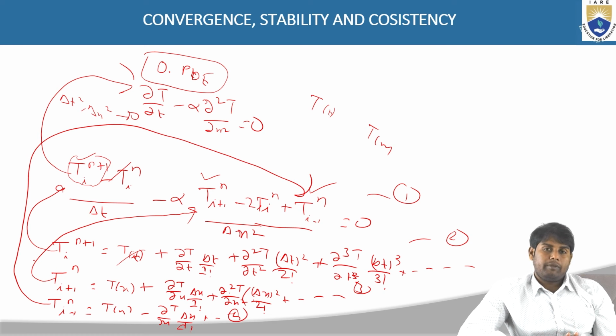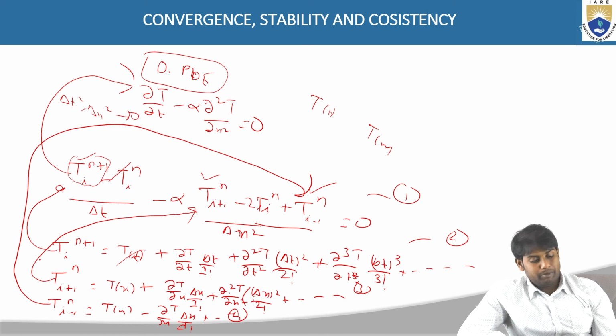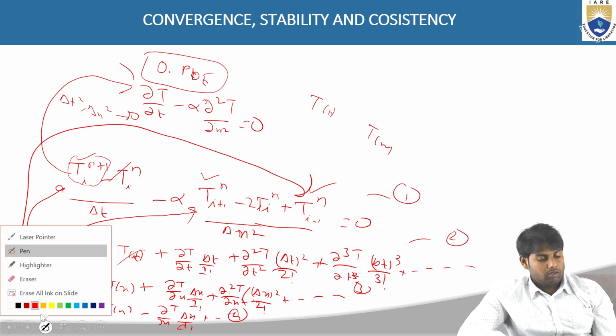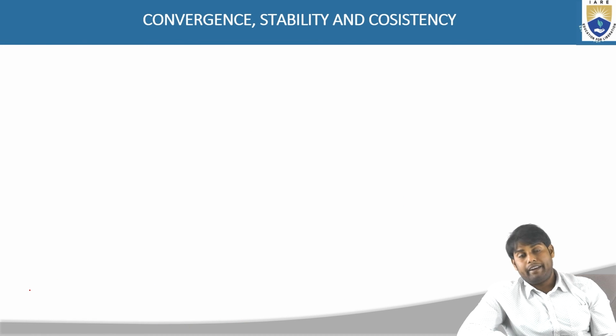If the numerical scheme is inconsistent, then you cannot use it. Why? Because if the numerical scheme is inconsistent, you have error.